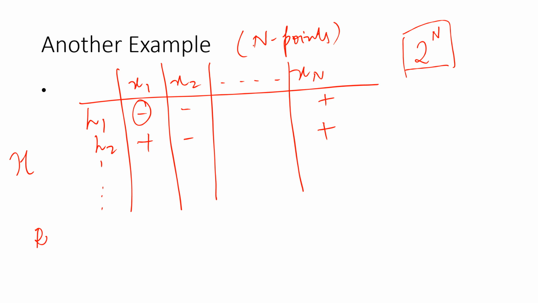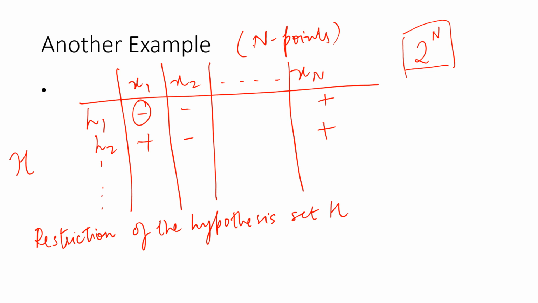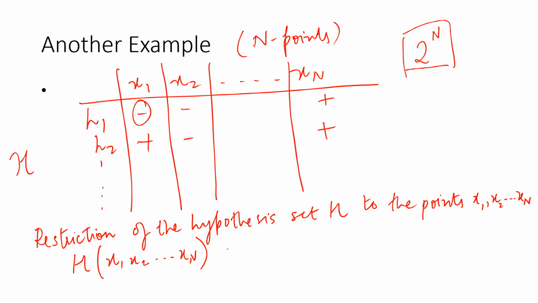Let me write it down. What we can define is the restriction of the hypothesis set H to the points, whatever the data points are, x1, x2, and so on up to xn, denoted by H, x1, x2, xn, to be related to the dichotomy, such that each dichotomy is implemented by an h which belongs to my H, right?